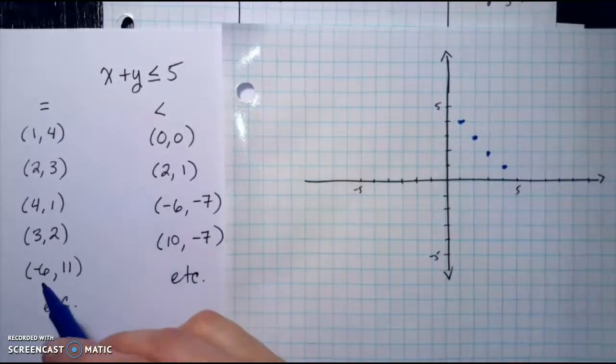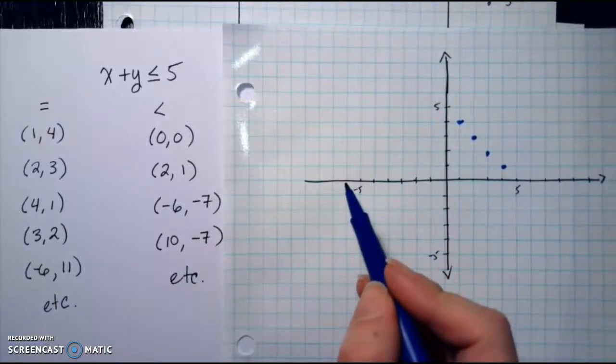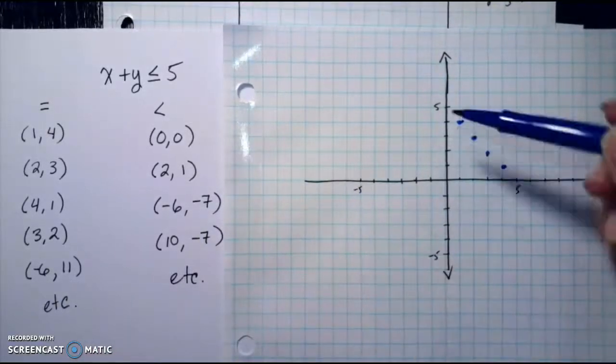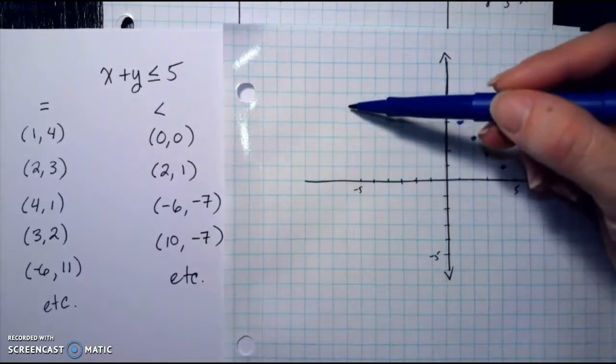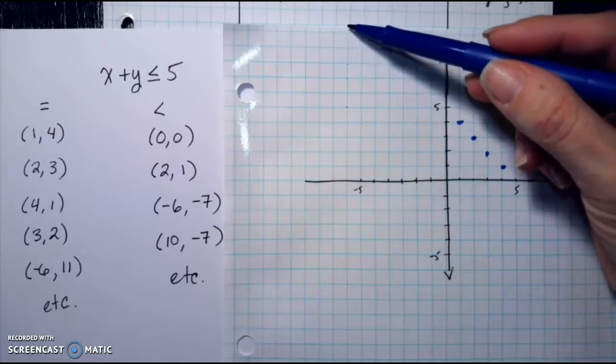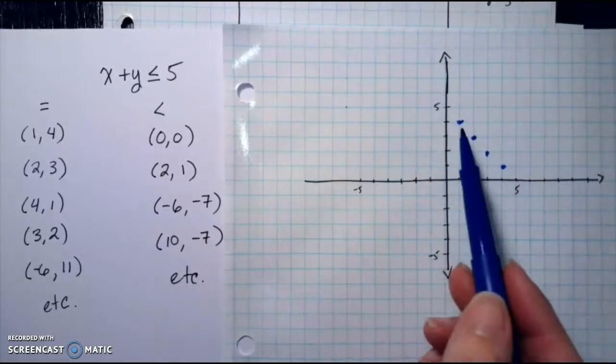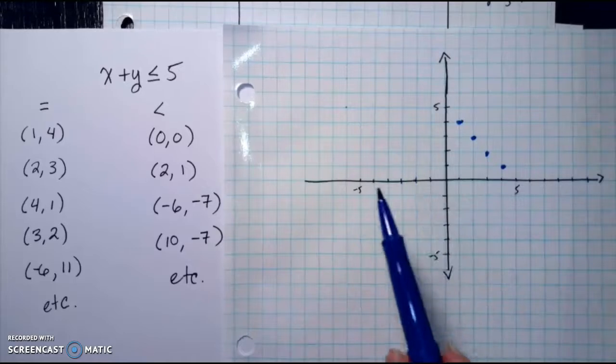And I also have (-6, 11). Let's see if that fits here. Negative 6, and then I'd be up to 5, 6, 7, 8, 9, 10. 11 would be just off my page. But I get a sense of where these points are going when we're equal to 5.